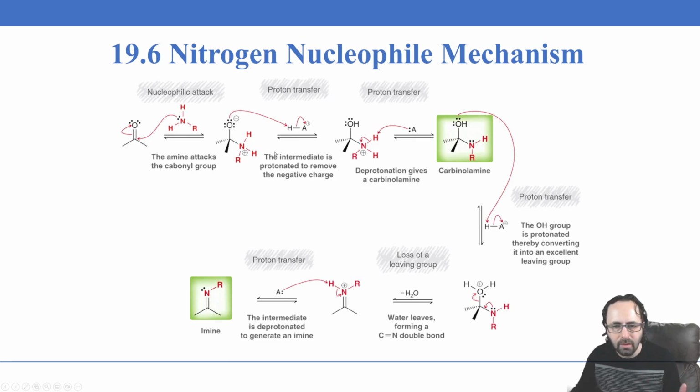Again, we said acid is required for this reaction to occur, and this is why, so that it can protonate. The resulting alkoxide ion will then grab a proton, have 2 bonds and 2 lone pairs again, thus no charge. However, the nitrogen, when it attacked here, it attacked this carbon. The carbon's now making 4 bonds with no lone pairs. The nitrogen is also making 4 bonds with no lone pairs. And so a nitrogen with 4 bonds and no lone pairs has a positive formal charge to it.